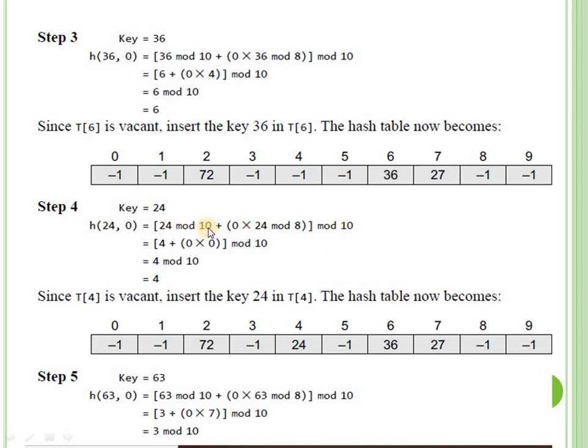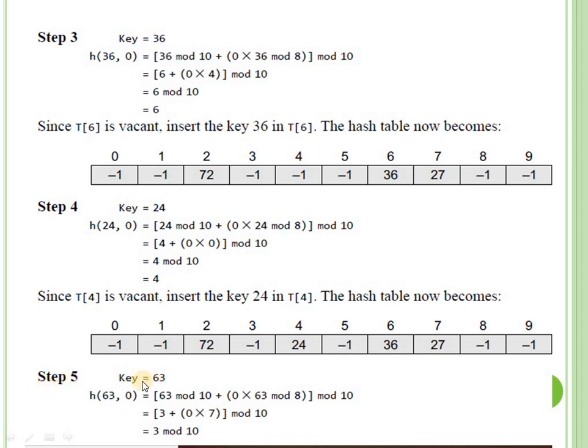So 24 mod 10 is 4, plus 24 mod 8 into 0. We get 4 mod 10, which is 4. So we have to check whether T of 4 is vacant or not. Here T of 4 is vacant because it shows the value minus 1. So we store this 24 at T of 4. We are storing this value here.